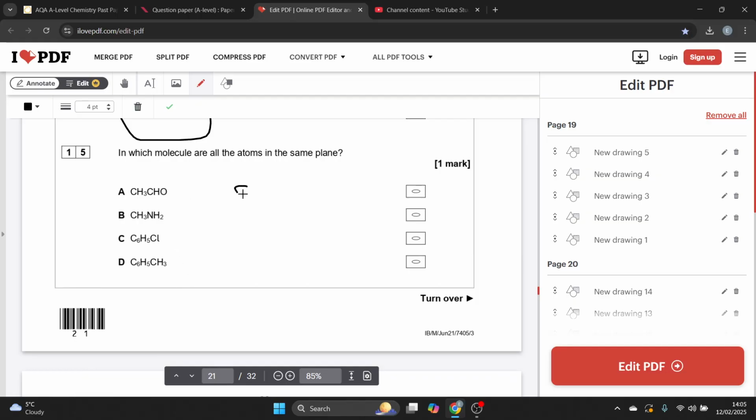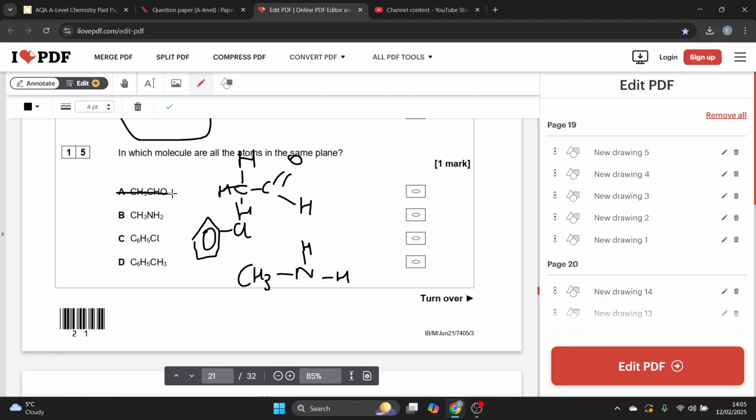In which molecule are all the atoms in the same plane? I draw this out. CH3 C double bond O H, CH3 NH2, right? C6H5Cl, C6H5CH3. Which one has all of them in the same plane?